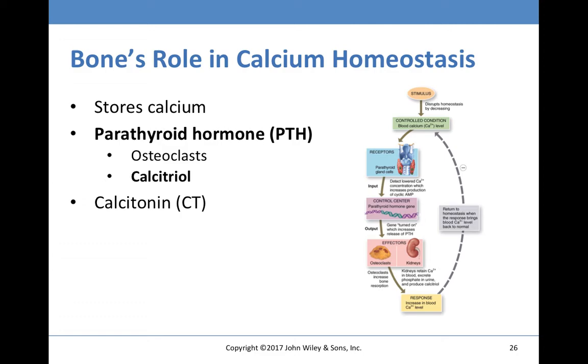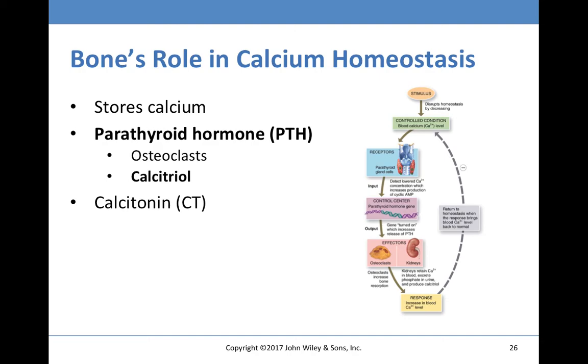So to regulate the calcium levels in our blood, we have parathyroid hormone and we have calcitonin. Parathyroid hormone will be secreted by our parathyroid gland, and it is secreted when our blood calcium levels are decreased. So because it is secreted when our blood calcium levels are decreased, this parathyroid hormone will work to increase our blood calcium levels.